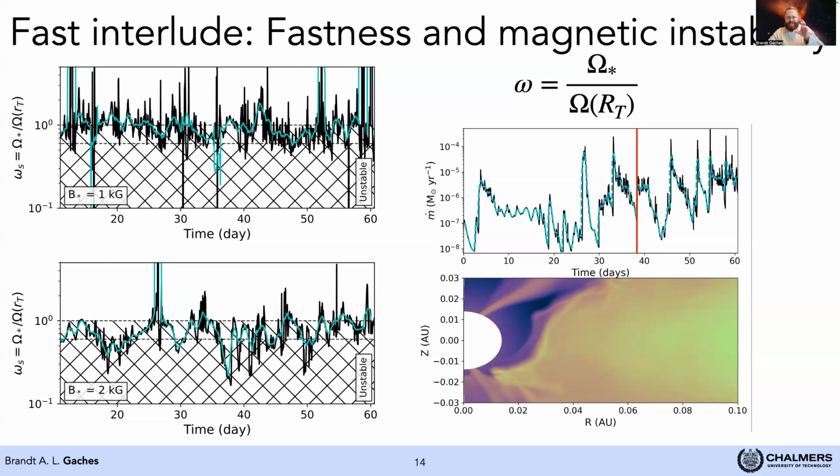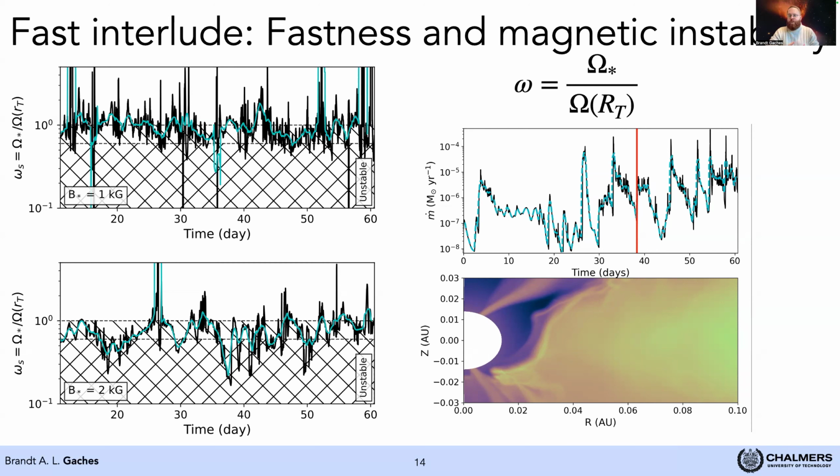And below 0.6 is where simulations in 3D in particular have seen that you can induce the interchange instability at the truncation point. And again, those are generally from 3D. This is 2D, so there are going to be some differences there. So this isn't meant to be taken as this value means this, but given that we see systematic differences within the fastness parameter, this is telling us something about the mode of accretion.